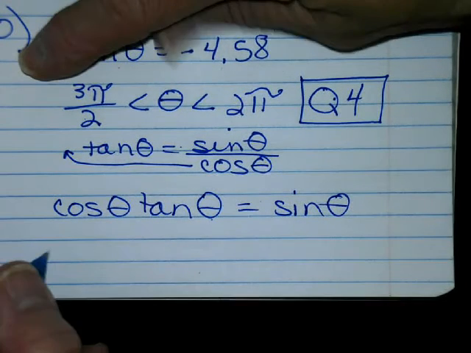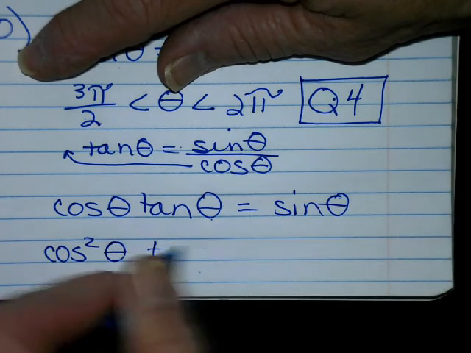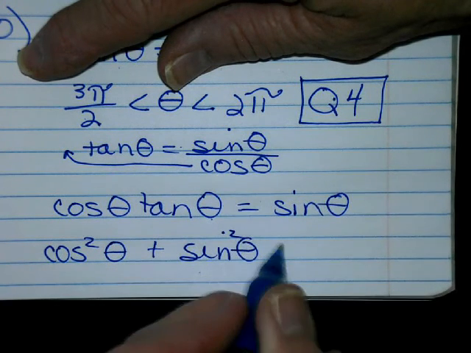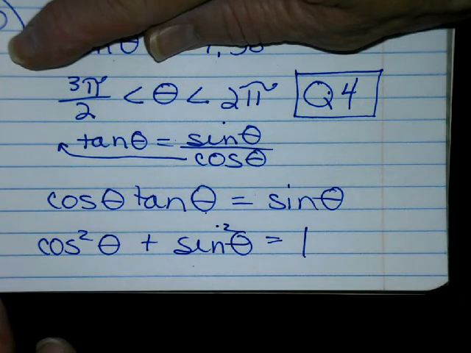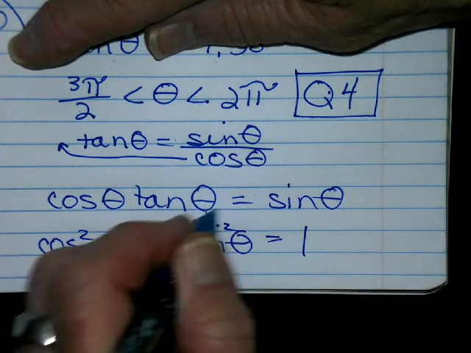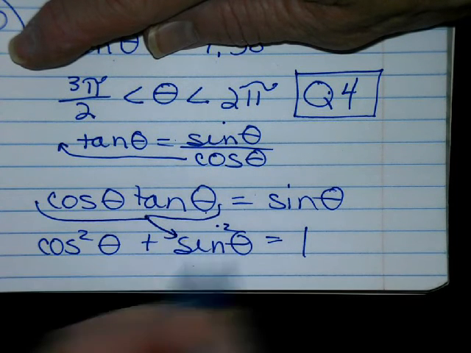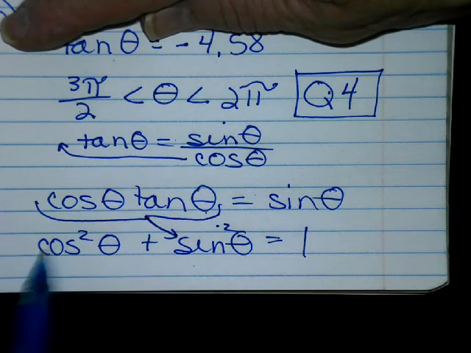So the tangent they told us of. So I'm going to use, instead of that square root formula, the cosine squared theta plus sine squared theta equals 1. We can use that formula. So this can go in there. Substitute and solve.